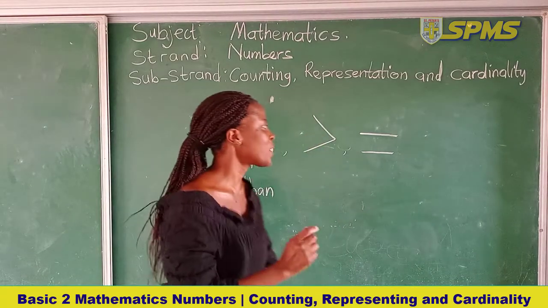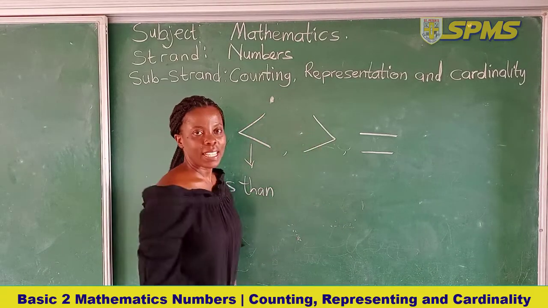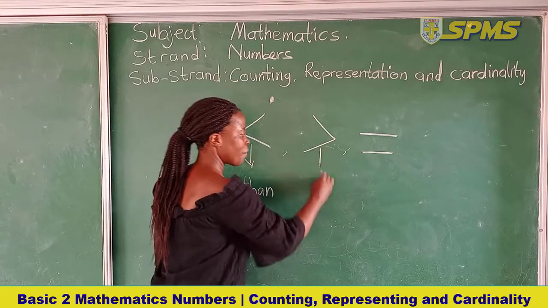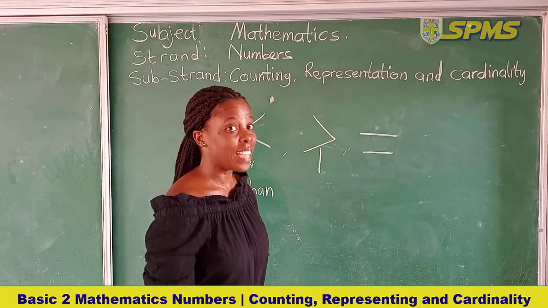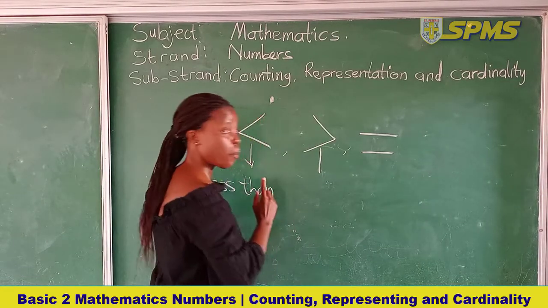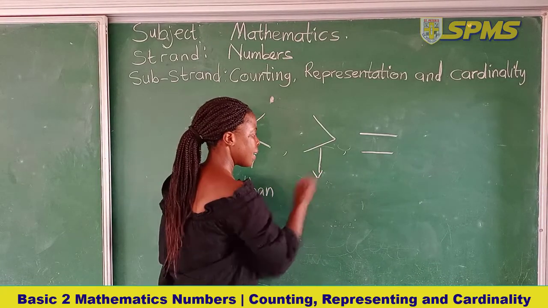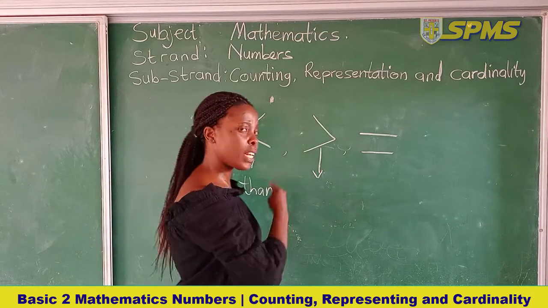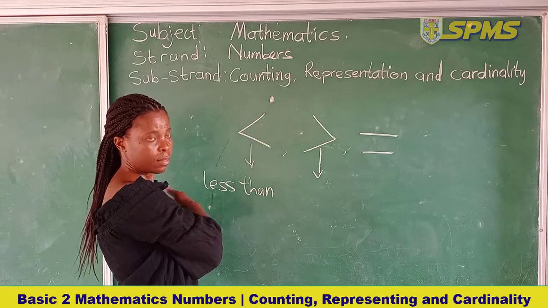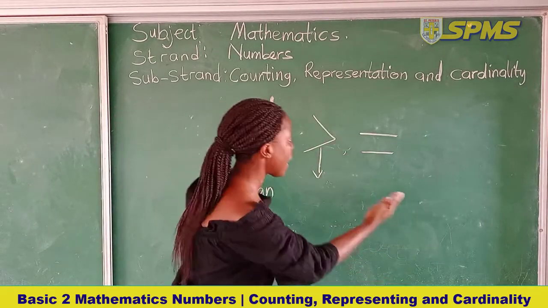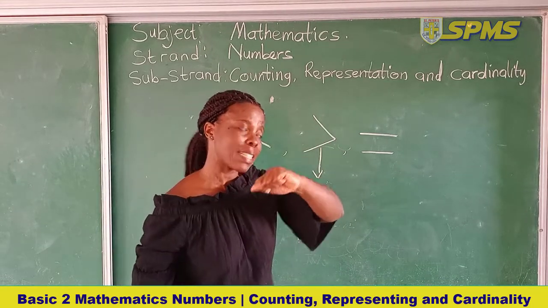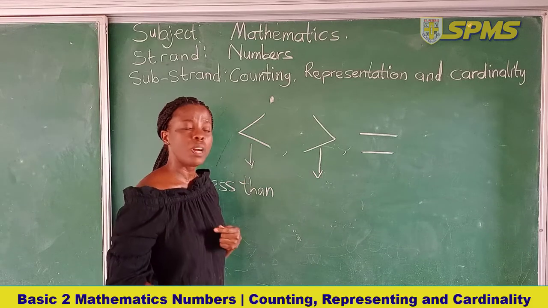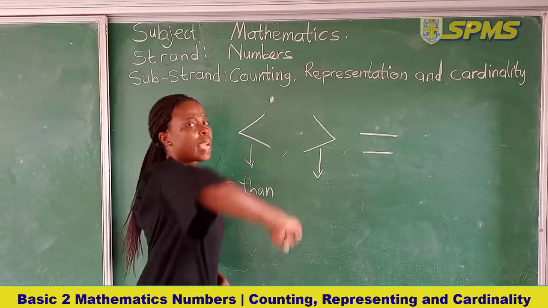Good. Let's continue. The second symbol is definitely going to be the greater than. Look at it properly. The greater than. Where is the mark turning to? To the left. This is to the right, the other to the left. We use the left hand for the less than. So which hand will you use for the greater than? The right hand.